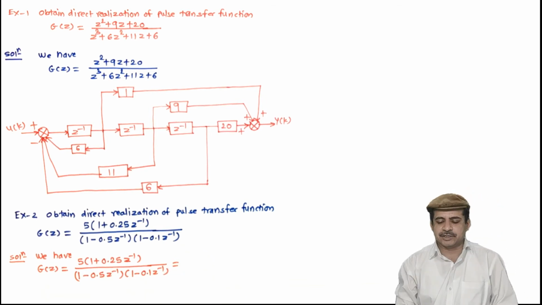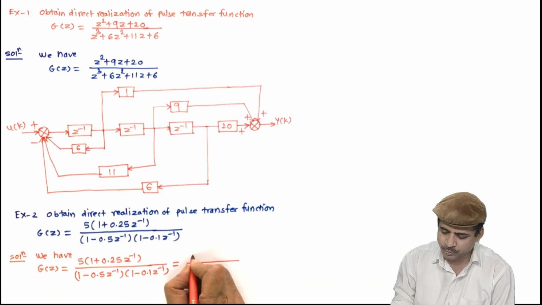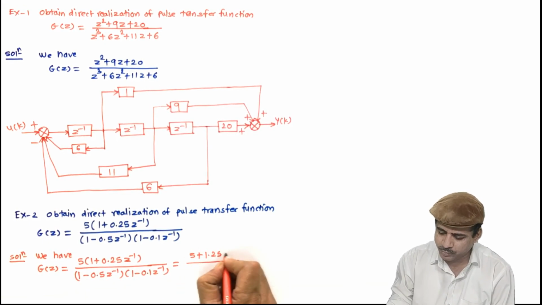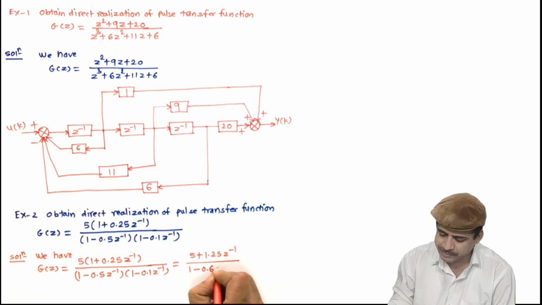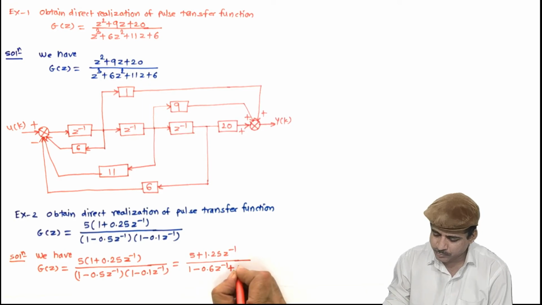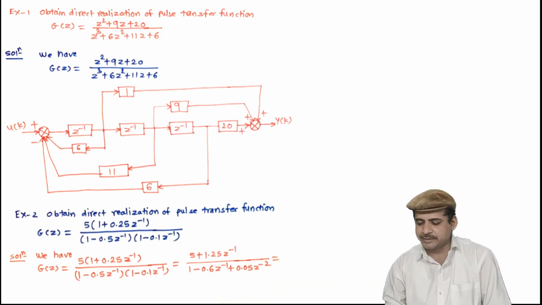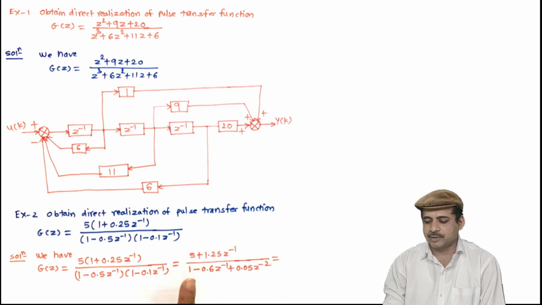So for direct realization, first we have to simplify this, and this is equal to 5 plus 1.25 z raised to minus 1, divided by 1 minus 0.6 z raised to minus 1 plus 0.05 z raised to minus 2. Now how to convert this into positive powers of z? The highest negative power is z raised to minus 2, so multiply numerator and denominator by z square.